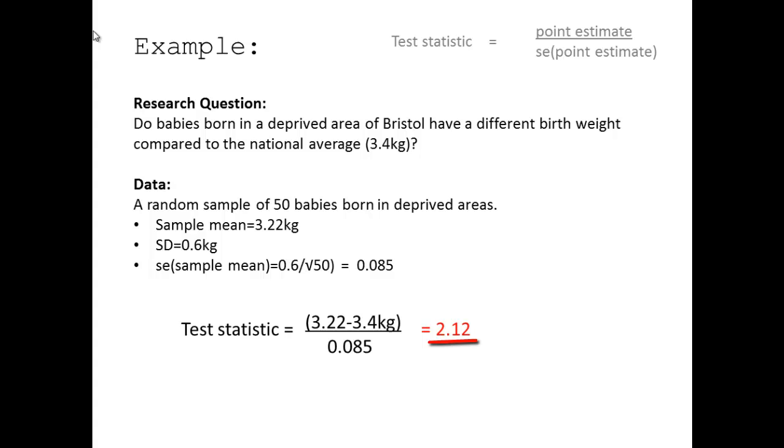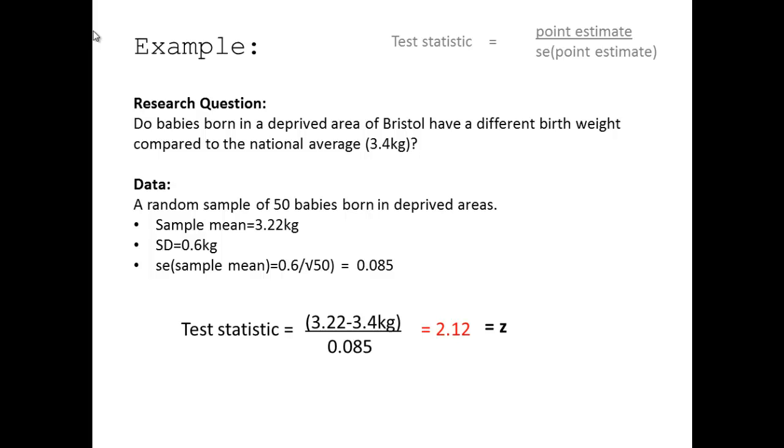So this particular test statistic is actually called a Z statistic, and you might recognise that the calculation has the same form as what you came across when we calculated Z scores for individual values in our sample. In that case, each individual was measured in units of standard deviation away from the mean.